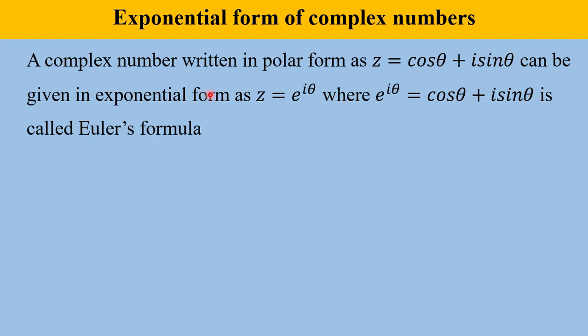And this is what we call Euler's formula. So writing a complex number in exponential form takes us to a formula, and that is what we call Euler's formula.